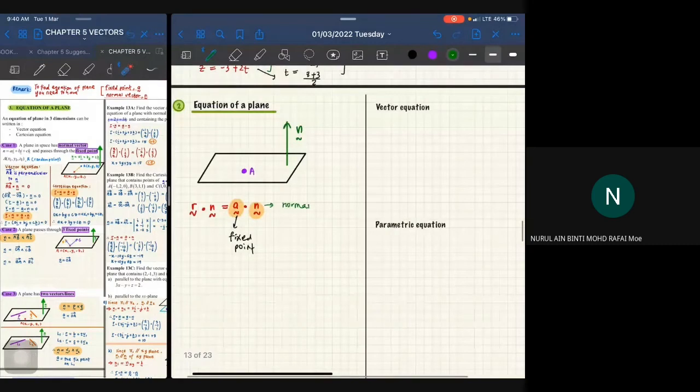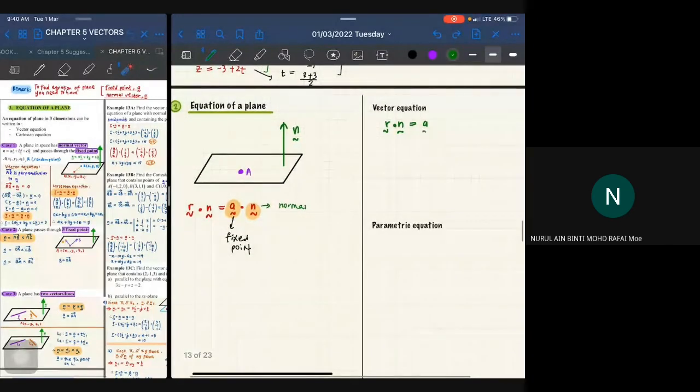So kalau dalam vector equation, our base equation for plane is R dot n is equal to A dot n. Okay, so R kita biarkan saja di dalam R. You don't have to write it in the form of x, y, z. So just let it be as R. So you have R and then dot it with your normal.